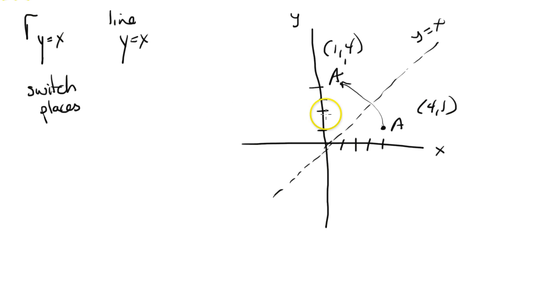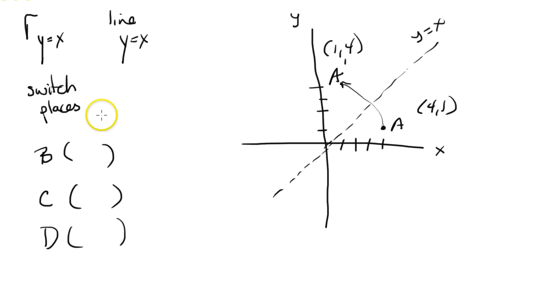For this one, it's easier just to know the rule: switch places. So I'm not even going to graph them anymore. This is B, C, and D. You're going to switch places: -2, 0, and some zeros in there, 3, 7, and -7, -1.